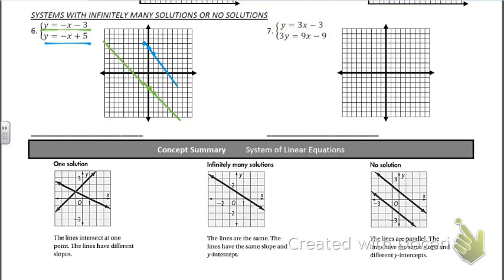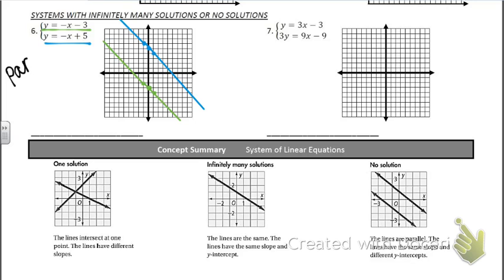And when I graph these, what do you guys notice? Tell your neighbor what you notice. Rebecca, what did you notice? They're parallel. So will they ever intersect? No. Never. How could we have determined that they were parallel?